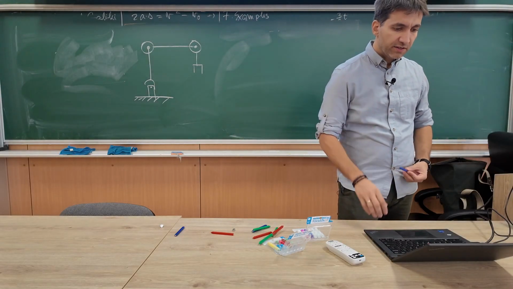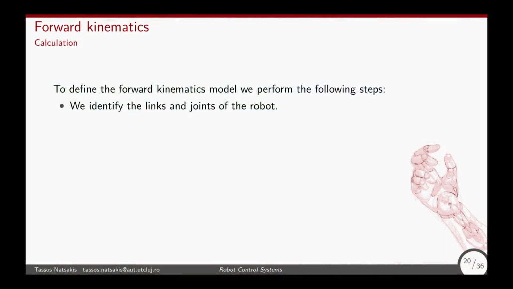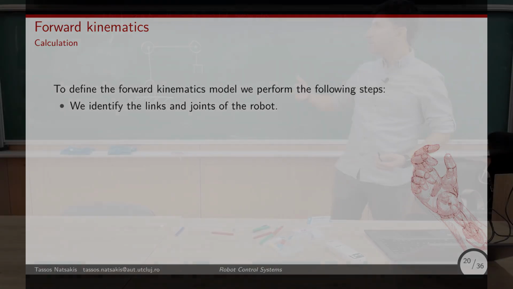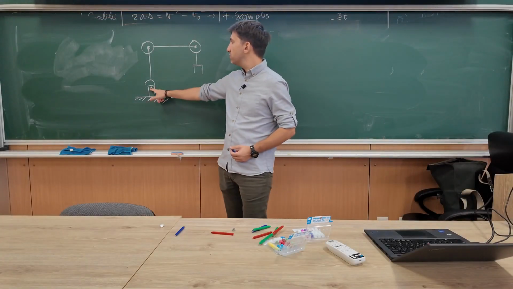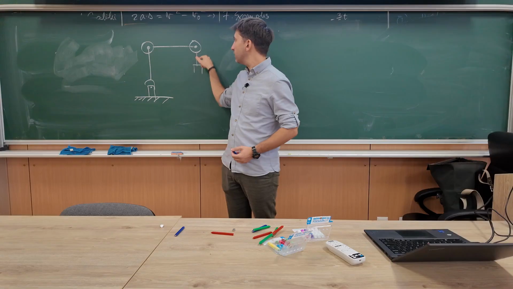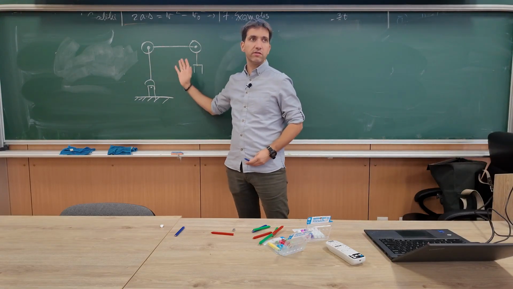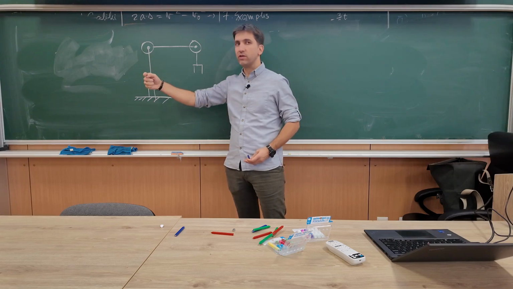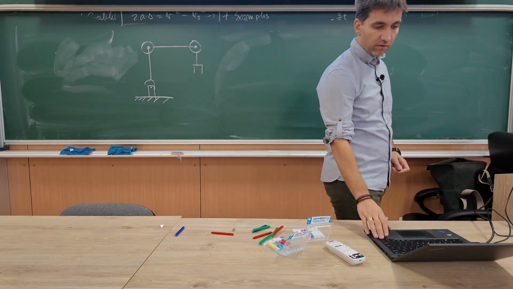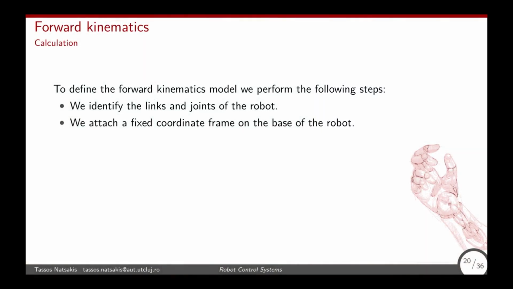So, what is the first step? We need to identify the links and the joints of the robot. In this case, we have joint, joint, joint, link, link, link. They're all 3 revolute joints on the plane, so the axis of rotation comes out from the board.